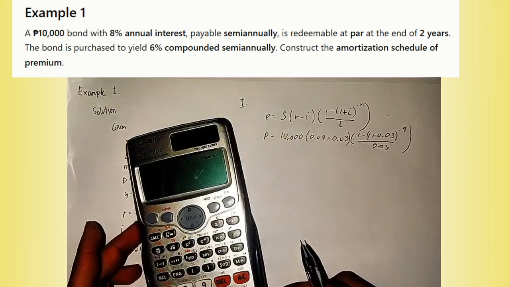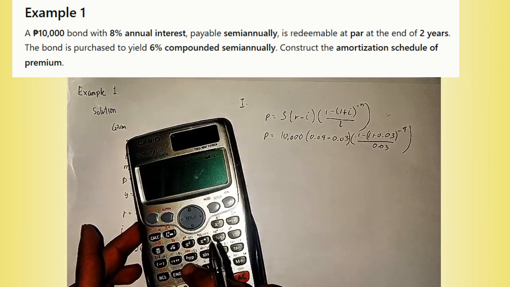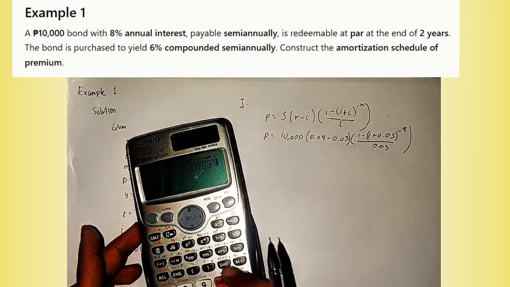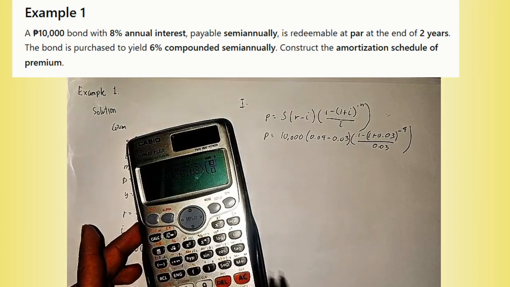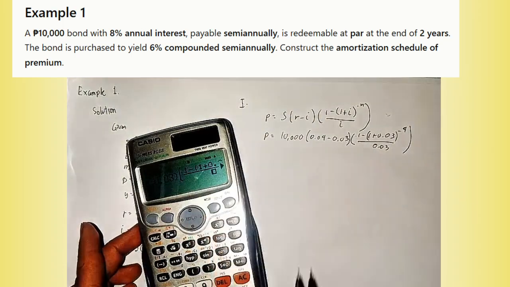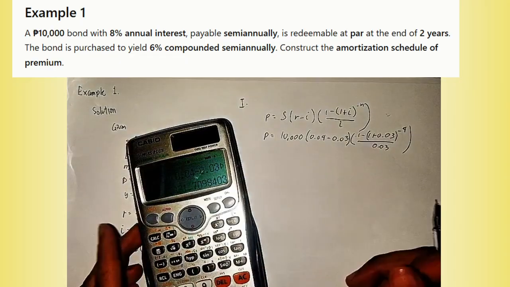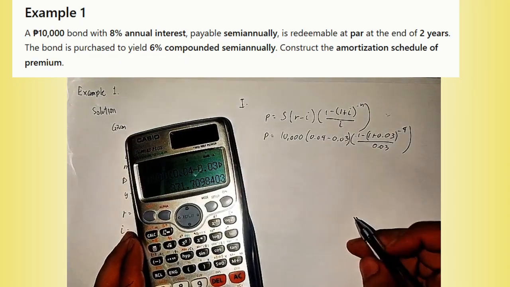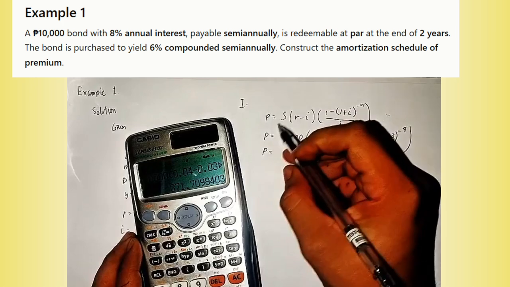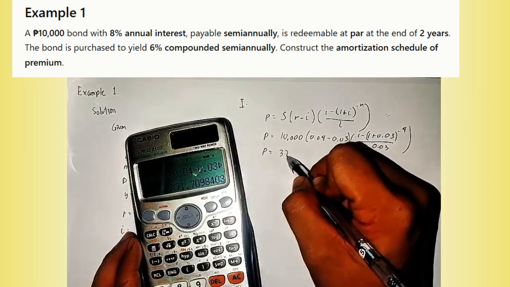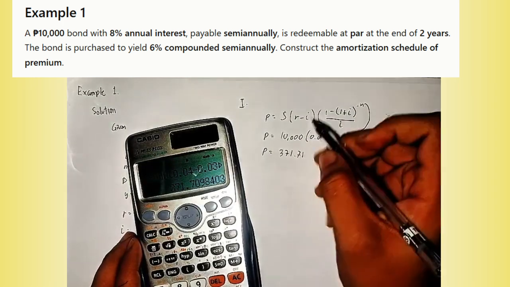So we have 10,000 times 0.04 minus 0.03, times 1 minus 1 plus 0.03 to the negative 4, over 0.03. So our bond premium is 371.71.